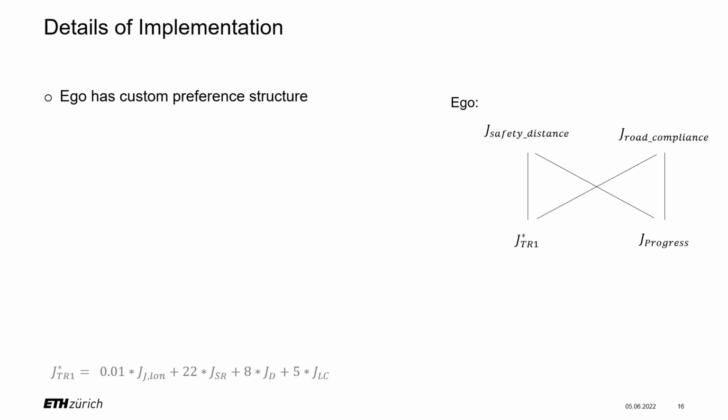Here we just take the first part of the cost without the safety distance and the velocity violation, because the velocity violation and the safety distance are already in the trajectory generator and here as a higher level priority. And for the other players, we just assume that their preference structure is this tier 1 cost.